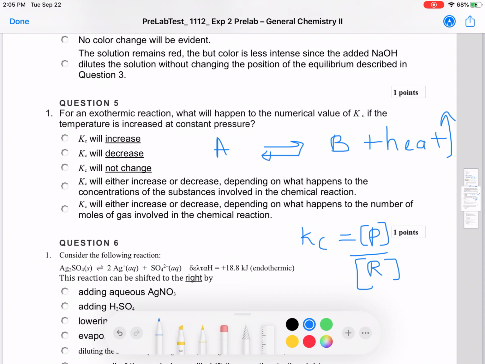If you increase heat, you are increasing one of the products, so the reaction should shift to the reactants. The amount of A increases, so B decreases. If B becomes a lower value and A a higher value, what's going to happen to Kc? Kc will become low. So Kc will decrease.